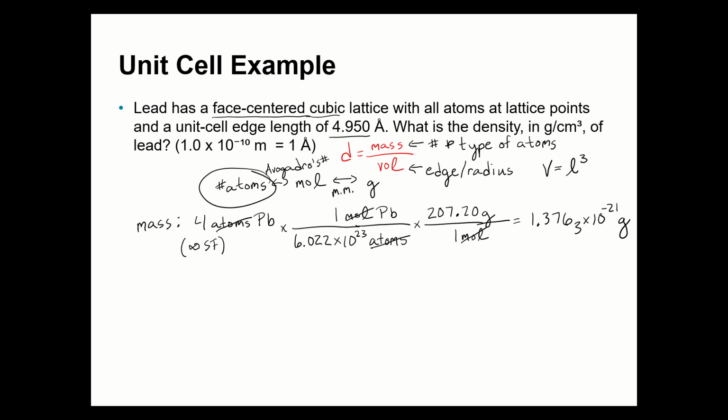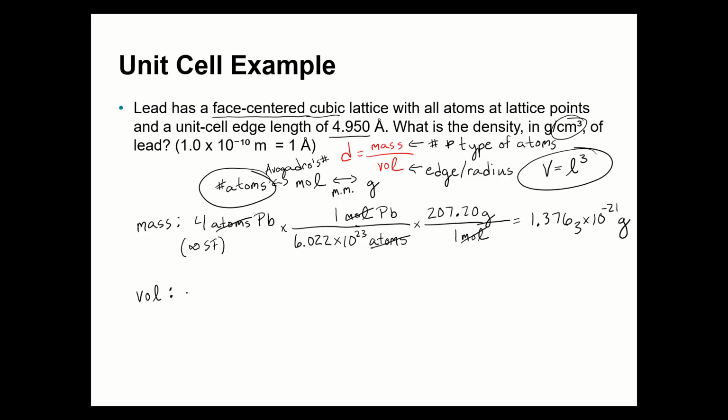And now we need to find the volume. So remember, volume is going to be based on that edge length, and volume is the edge length cubed. So the issue is that we need to find the density in centimeters cubed. So it's easier if we go ahead and convert that edge length into centimeters before we cube it.